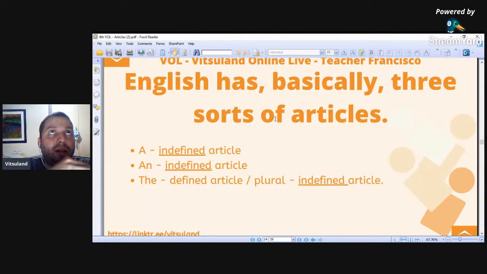So if you're a Portuguese native speaker or Spanish native speaker or an Italian native speaker, try to understand that we just have these as indefinite articles: A, AN, and no article in the case of plural. Okay, and a definite article as well. Because we're gonna see some examples in the future, okay, related to that.